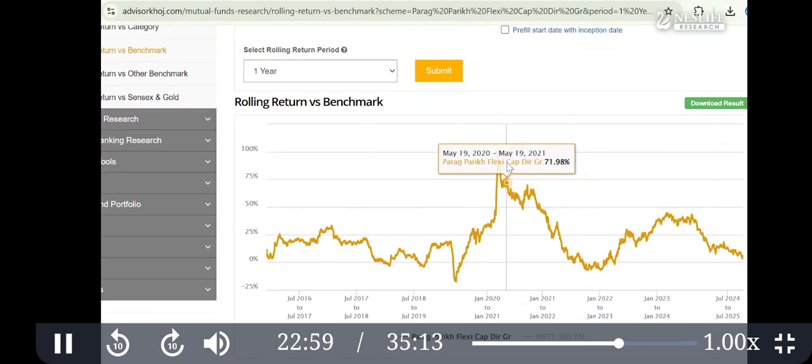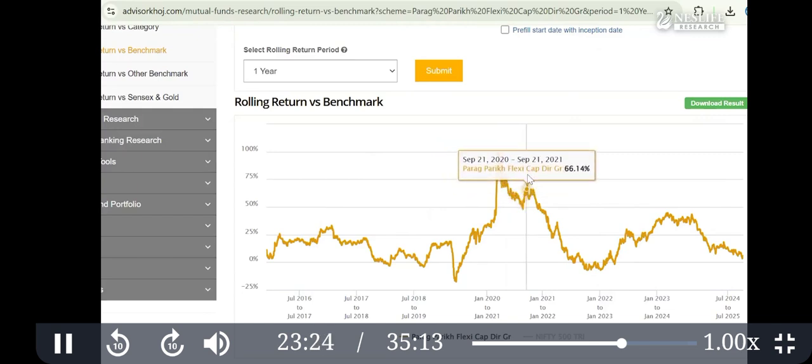Return is 71%. That means if someone invested on the 19th May 2020, over the next 1 year he would have got 71% return. But what about the next 2 days, next month? If his friend invested next month, his return would be 61%. Why does this return change? Because prices change.